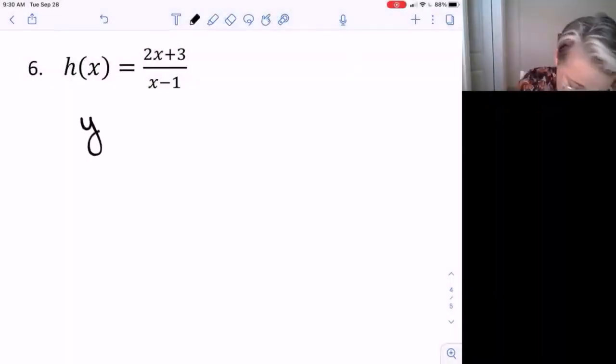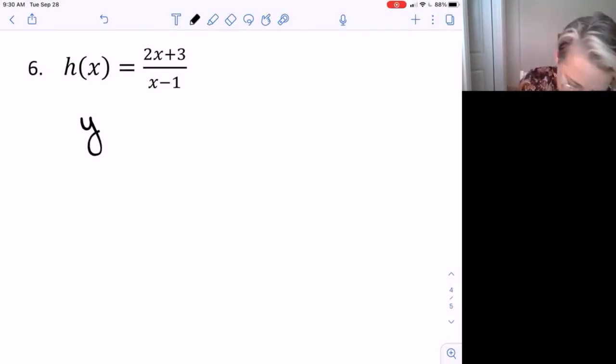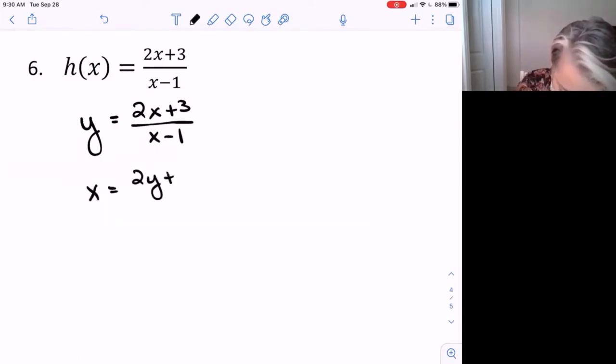So for this one, again, we have h of x equals 2x plus 3 over x minus 1. Again, we're going to replace the h of x with a y, and then switch all the y's to x's and all of the x's to y's.